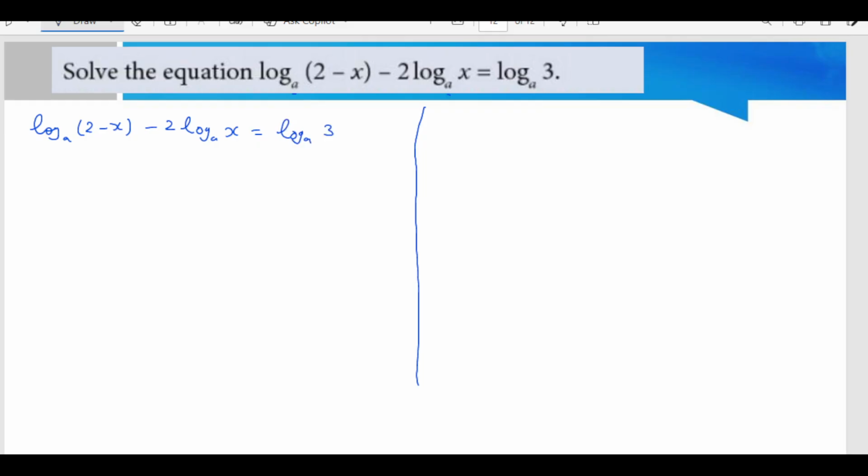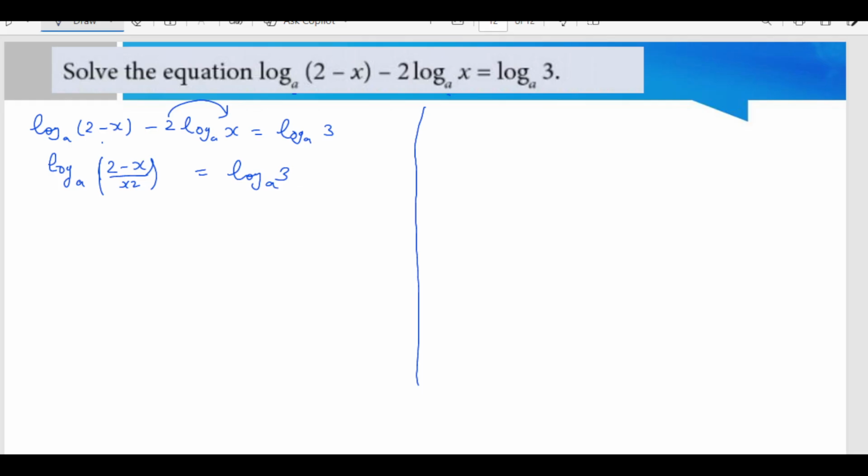As you can see, this is log m minus log n, and log m minus log n is log of m over n. So we will write log base a of (2 minus x) over x squared, because this 2 will go up on x, so it becomes x squared. Then we have log base a of 3.